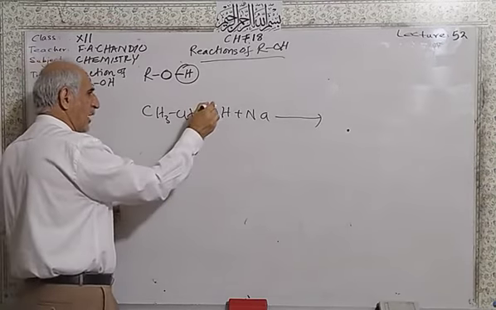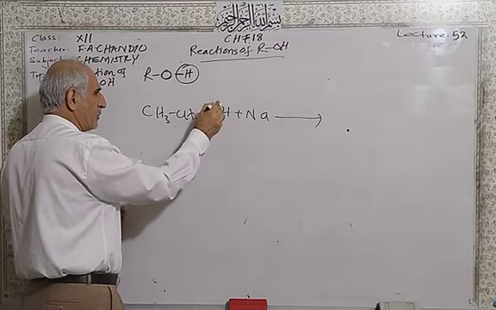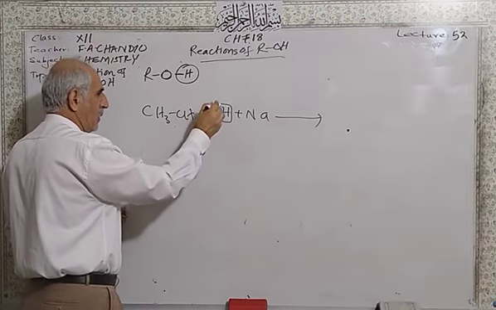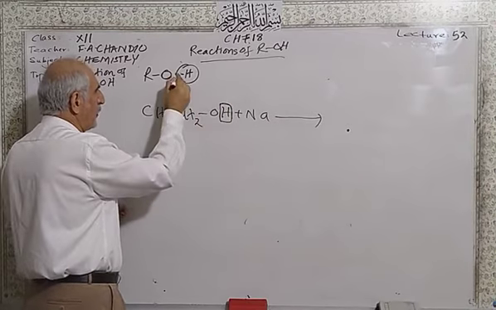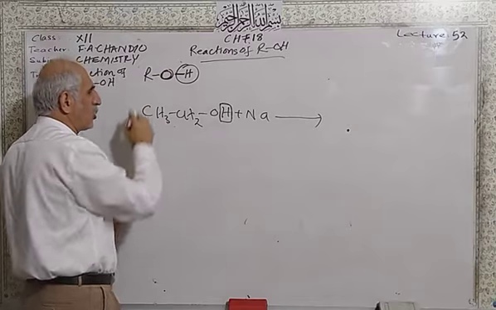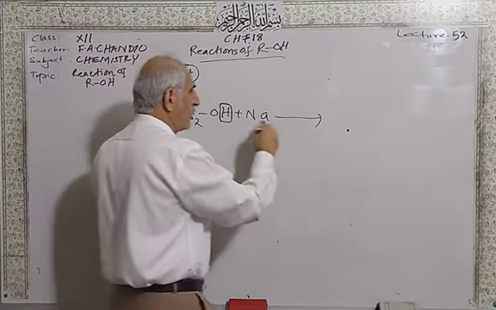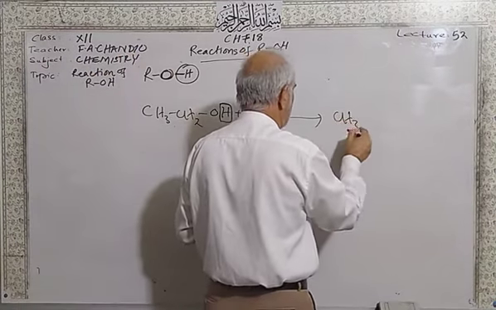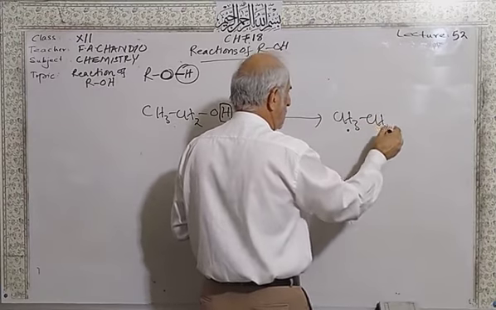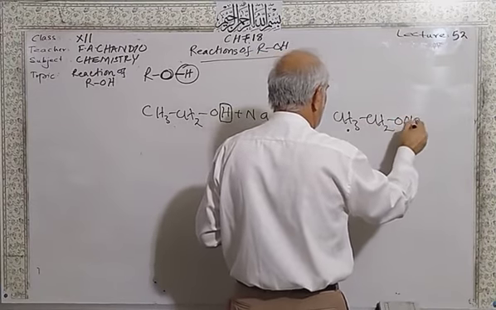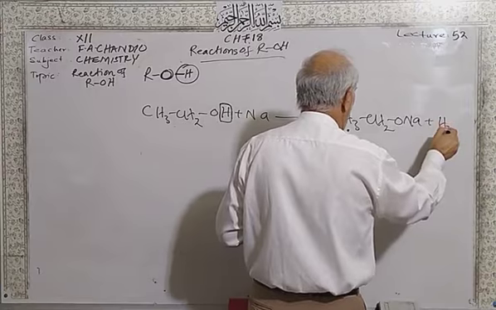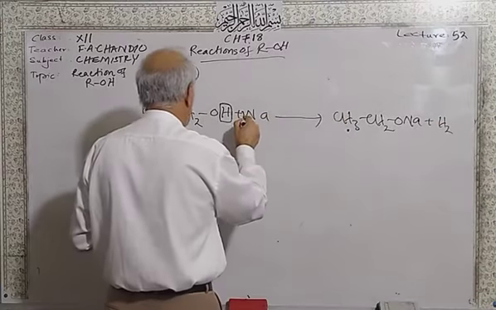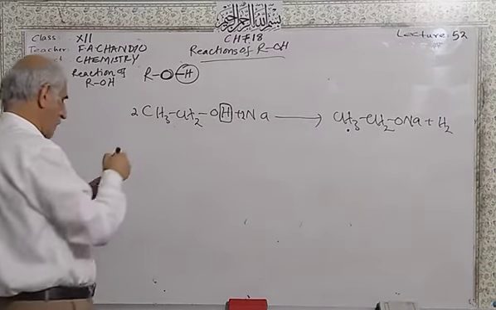This hydrogen is going to be displaced, meaning the bond between oxygen and hydrogen is going to be broken down, and you will get sodium ethoxide and hydrogen gas, like this.